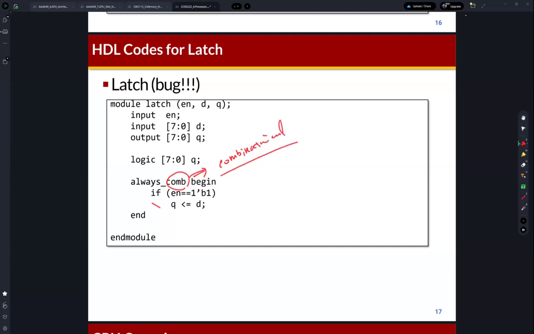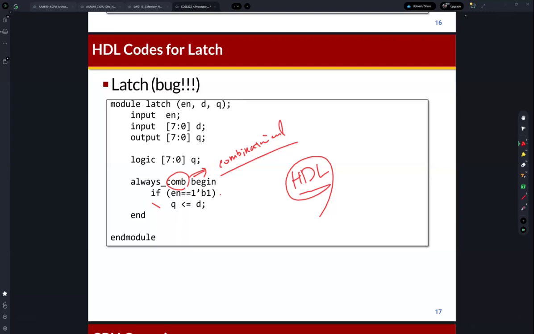But if we just use this conditional output in the combinational logic, then we need to define all outputs for all possible conditions. Otherwise, the SystemVerilog code will generate a latch.